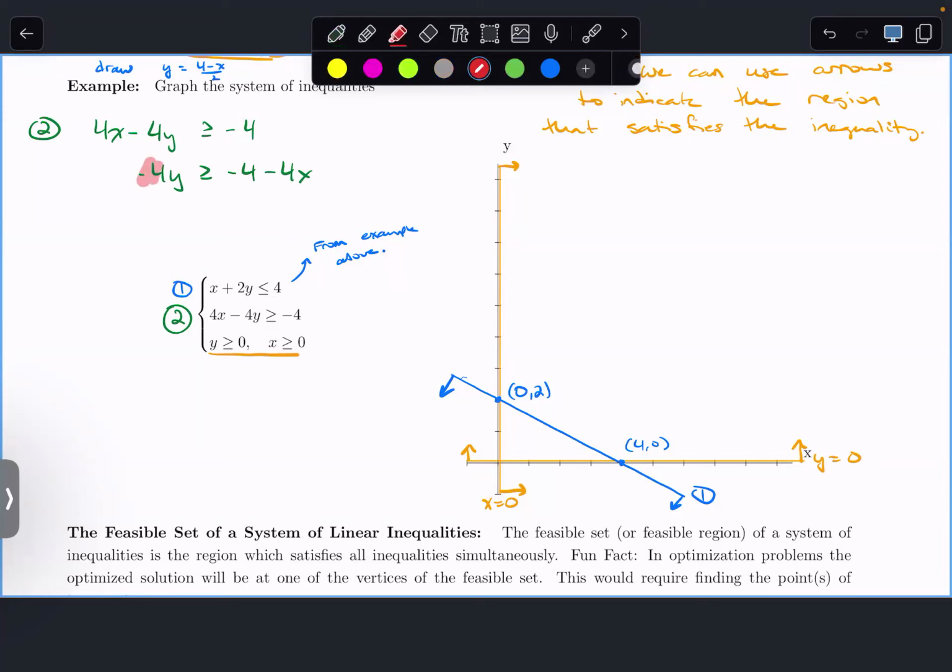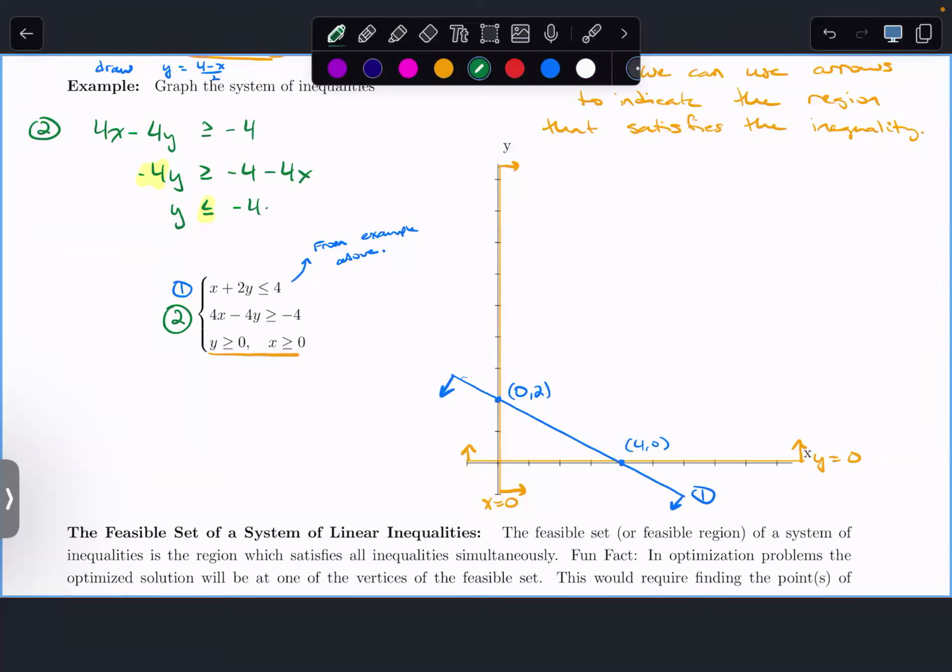Careful here. I'm going to have to divide by a negative, which means I'm going to have to swap this inequality, which I can do. I can handle that. But I'm going to highlight it.